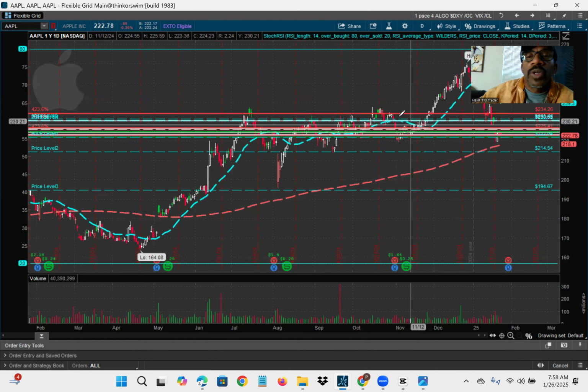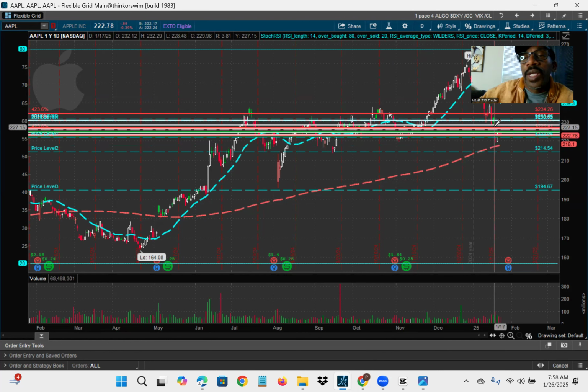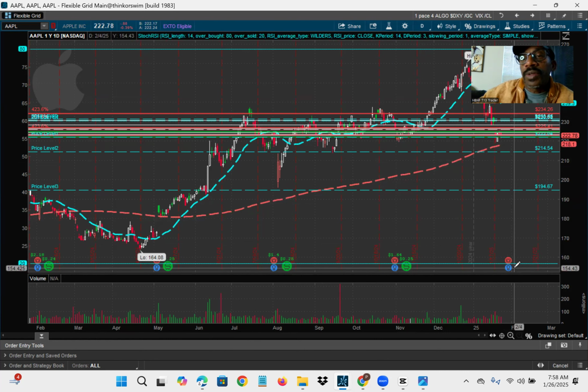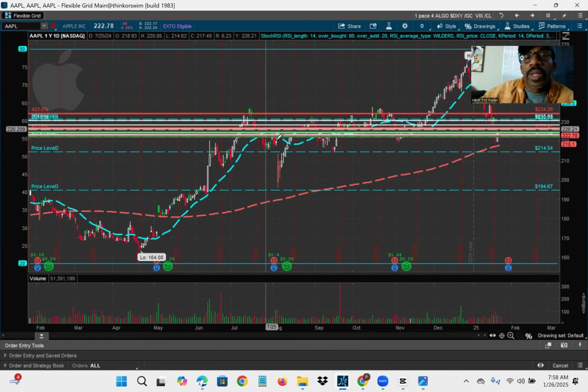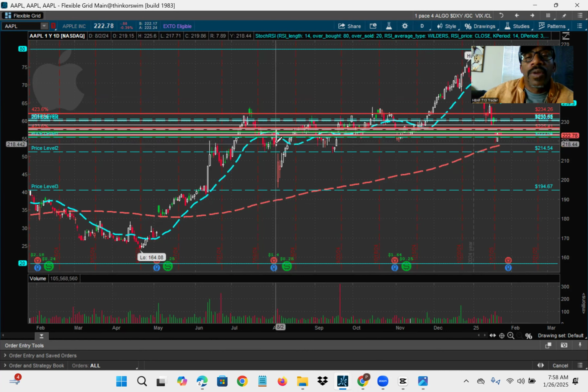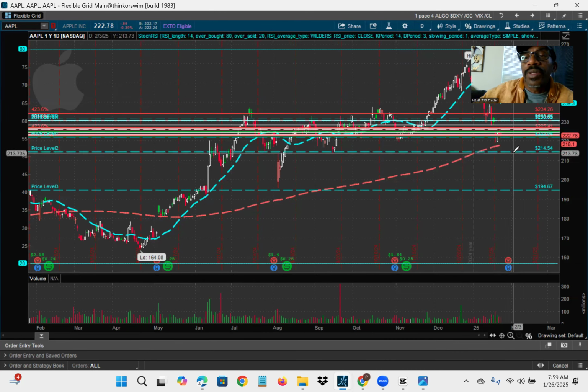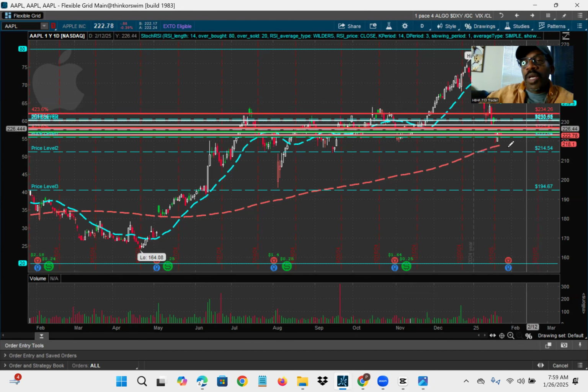But looking at the last couple of times, if it's based off of here, it has a higher probability that it might drop this earnings. It can drop from here. See this right here? It can drop down to here during earnings and then come back up, or drop here, hold support, and have a positive earnings.